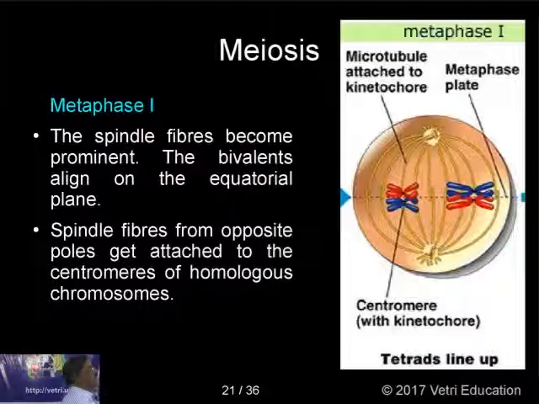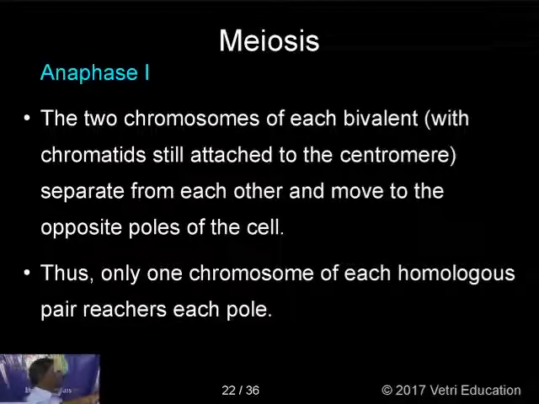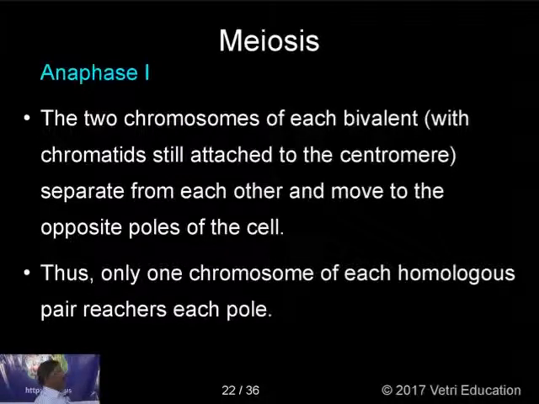And the next one, after arranging, in the anaphase they move to the poles. The 2 chromosomes of each bivalent, still attached to the centromere, separate from each other and move to the opposite poles of the cell. Thus, only 1 chromosome of each homologous pair reaches each pole.